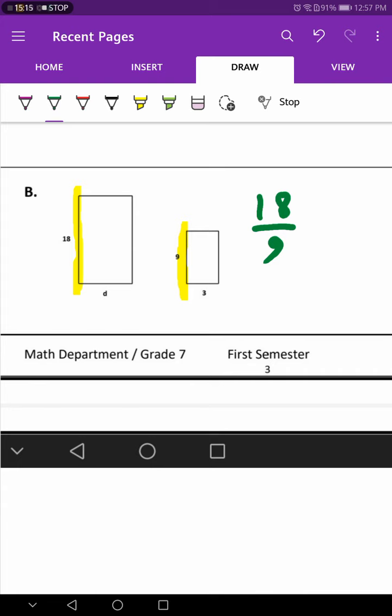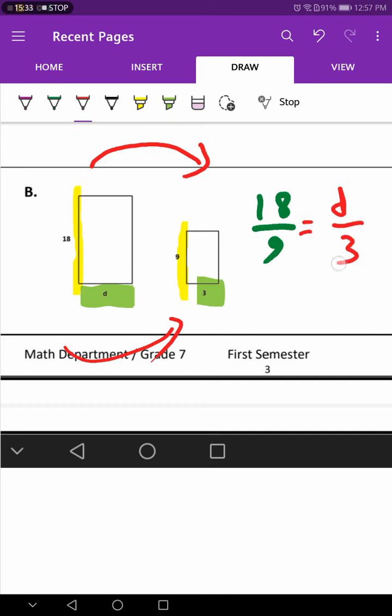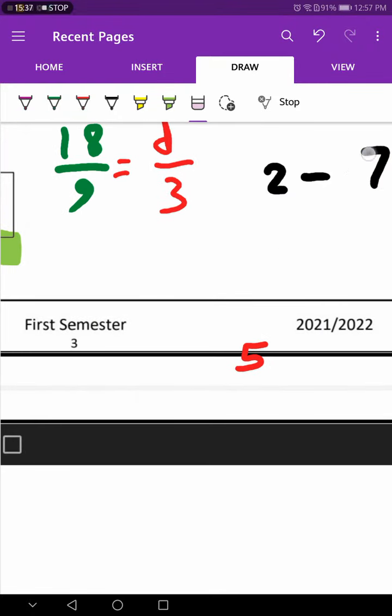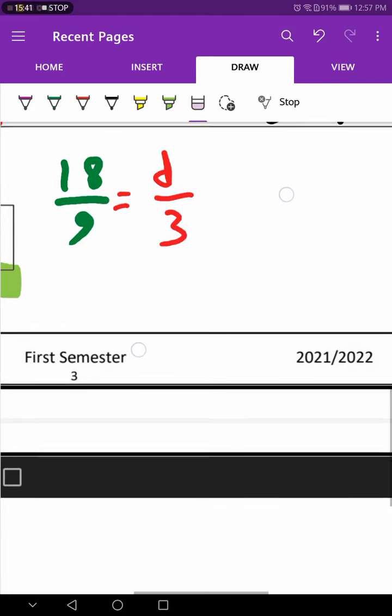Okay, so I start from big to small, so I have to keep working from the left side from big to small. Okay, now D over 3, it is equal D over 3. So I erase this, okay, and start over from here.